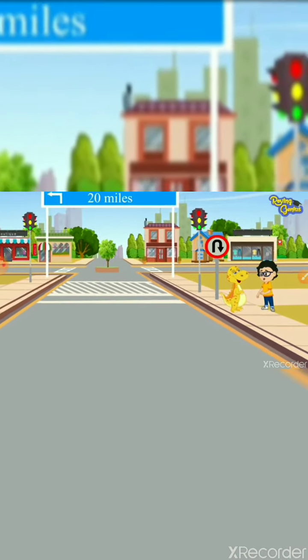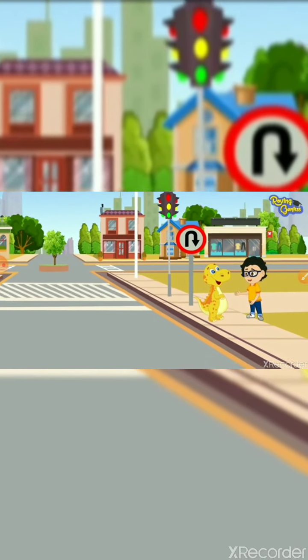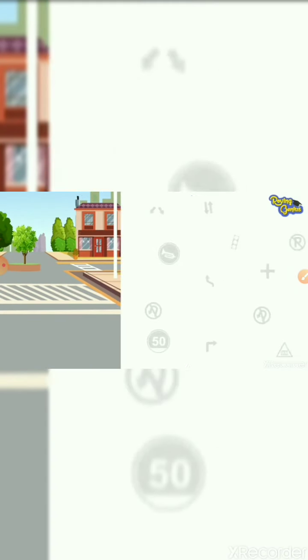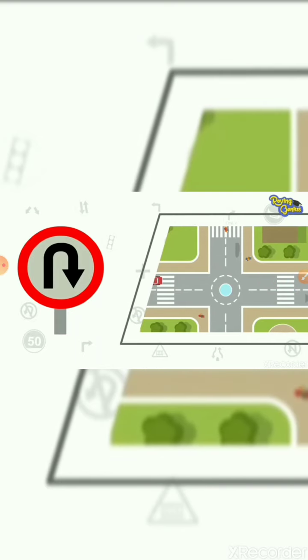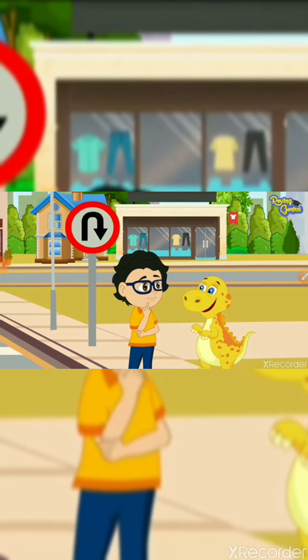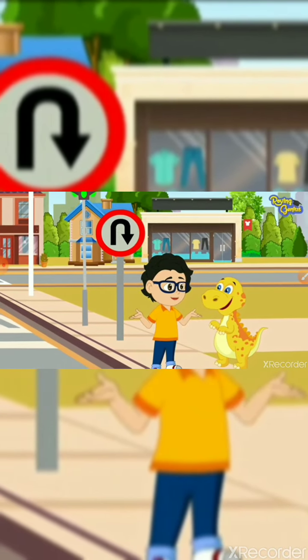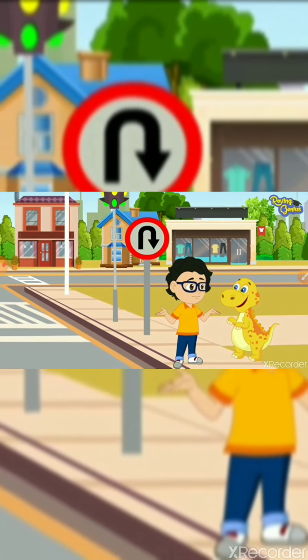I don't understand why that capital U sign is inverted. That's a sign to indicate that you can take. If there is a strike on it, it indicates you should not take a U-turn. Oh, I get it. What are those lines and the line next to it meant for?